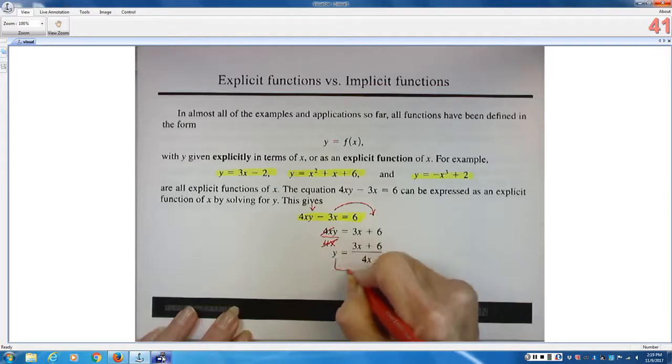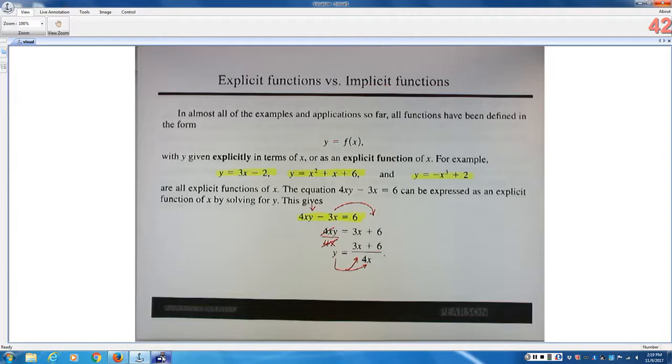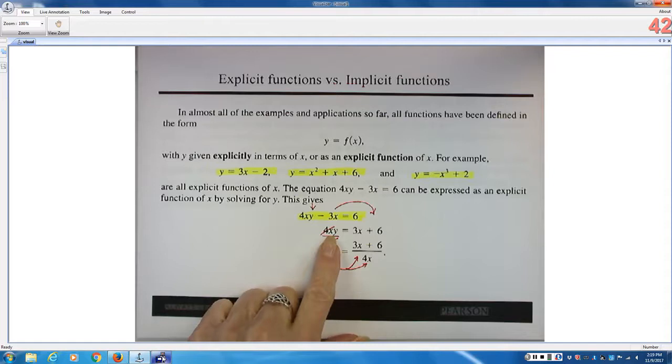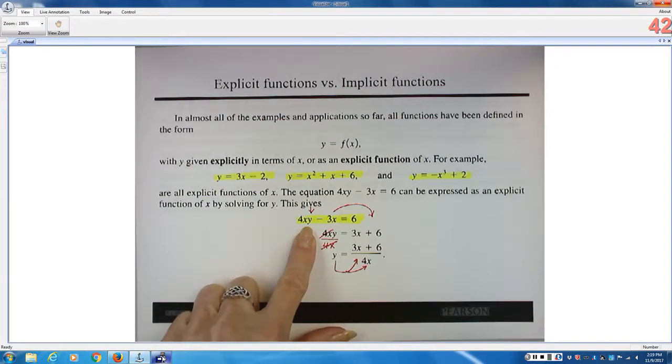So y is an explicit function dependent upon what the value of x is. Okay? So these are explicit functions. I'm showing you this one because I don't want you to think just because you see x and y in the same term automatically means you've got an implicit function, although that is going to be something you look for.